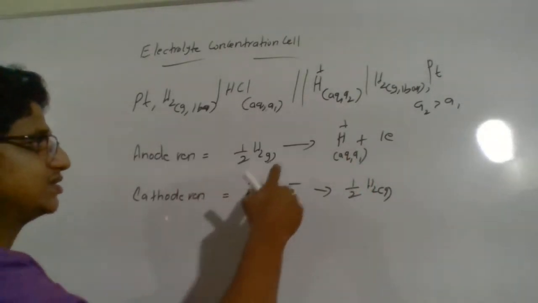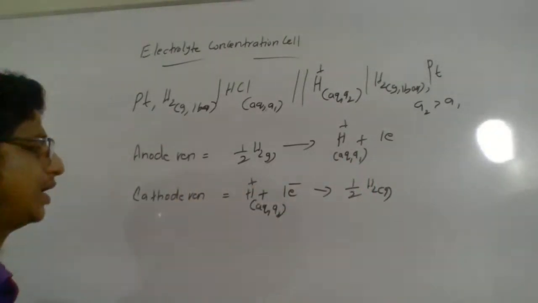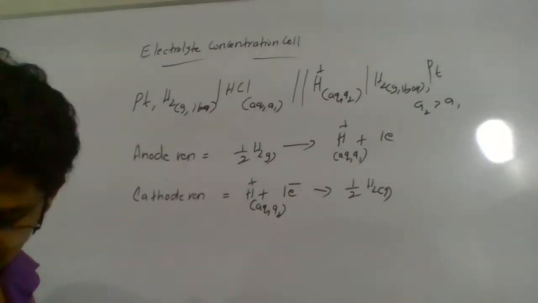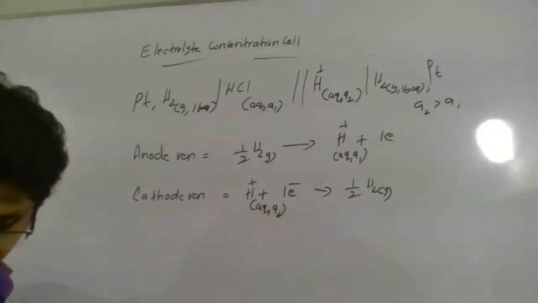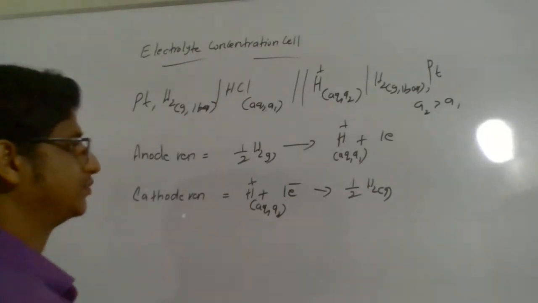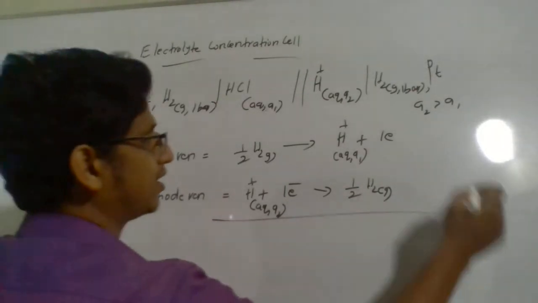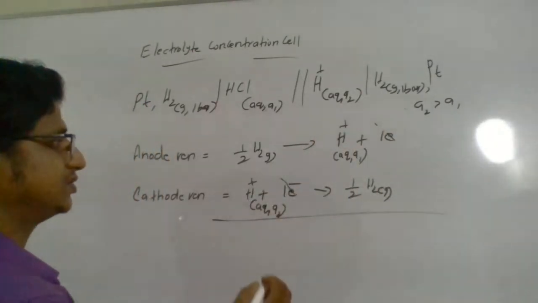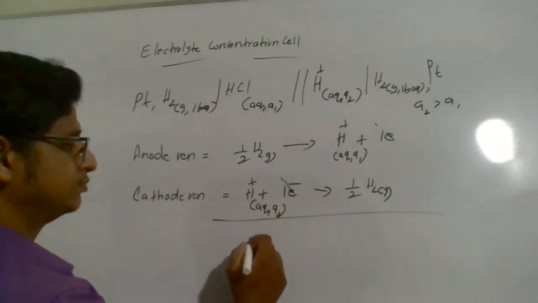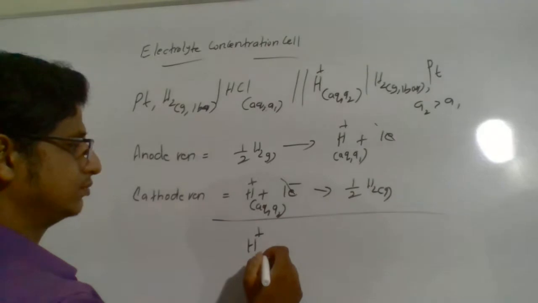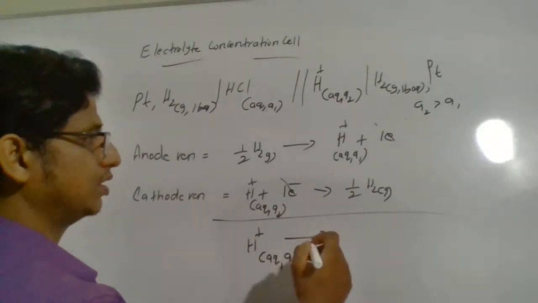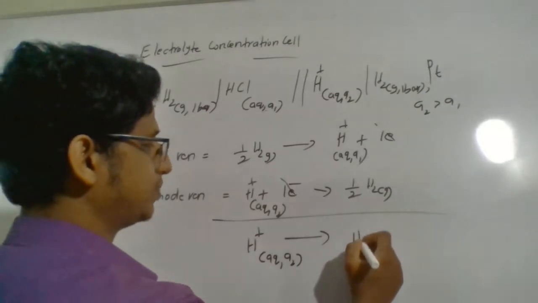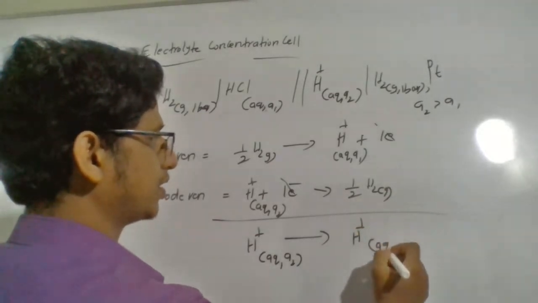Hydrogen is oxidized, and at the cathode H plus ion is consumed and hydrogen gas is forming. For the overall reaction, the electrons cancel, so it just looks like H plus aqueous A2 is transferred to H plus aqueous A1.